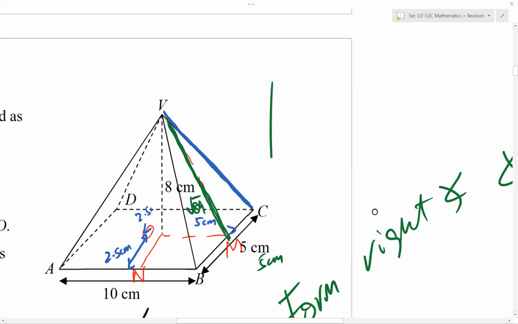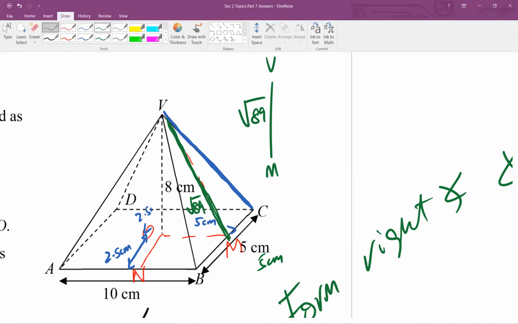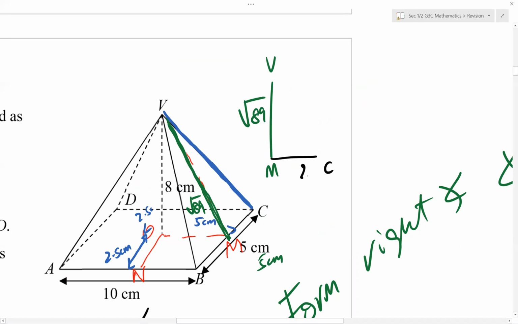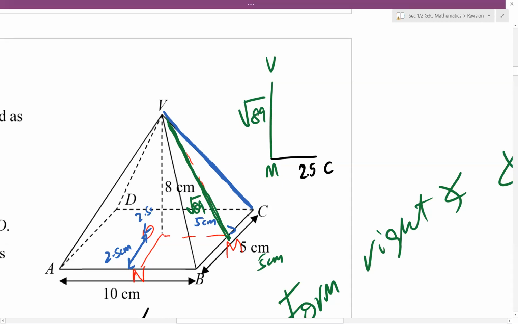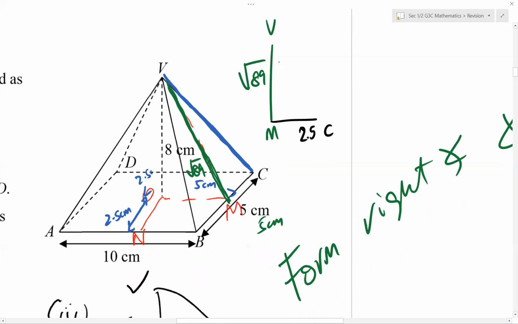So this portion, VM, is square root 89. Then our black color base to C is 2.5, and the remaining line, blue color VC, is easily found using Pythagoras again.